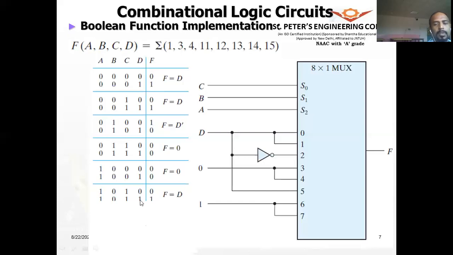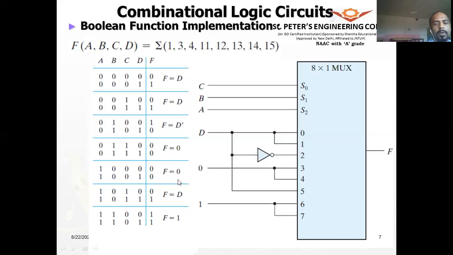Okay. So for the next, that is for the combination when A and B are 1 and C is 0, when D is 0 or D is 1, the output for both of these combinations should be 1. So therefore F is 1. So we are selecting I6 to be equal to 1 from this function value.